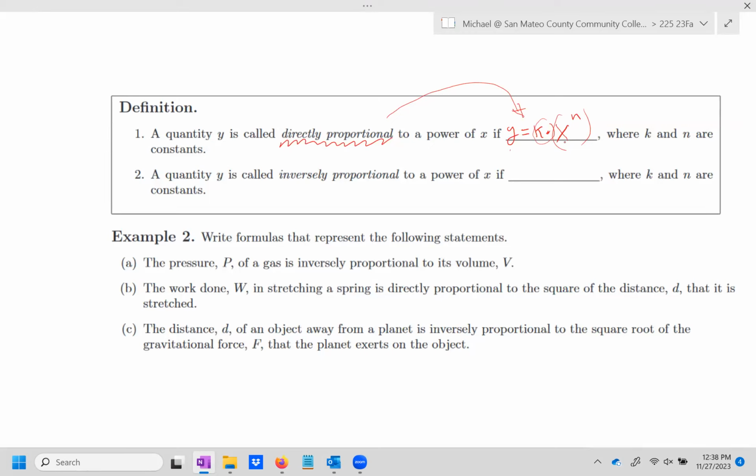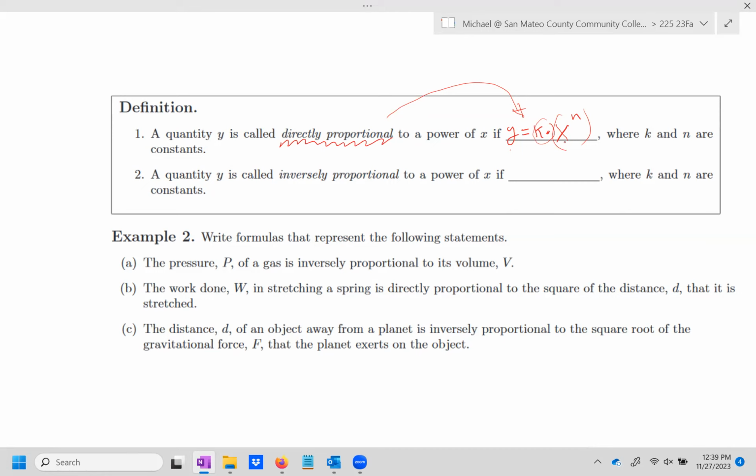Examples include the force that a spring pulls on you, which is directly proportional to how far you stretch it.